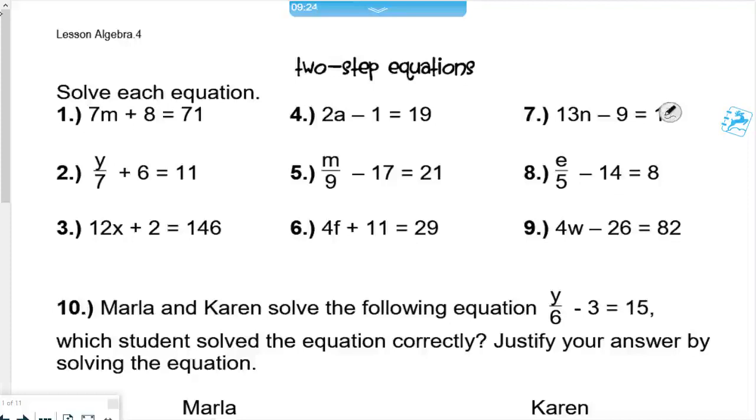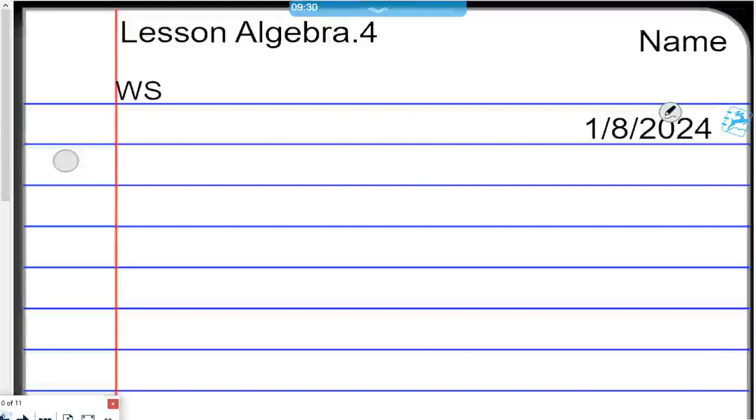Number 1 says 7 times m plus 8 equals 71. So this is exactly how I want you to see it on your paper. We're going to get rid of that middle number first. So I have to minus 8.